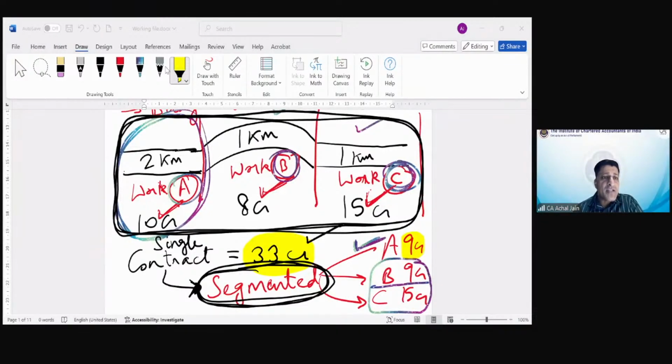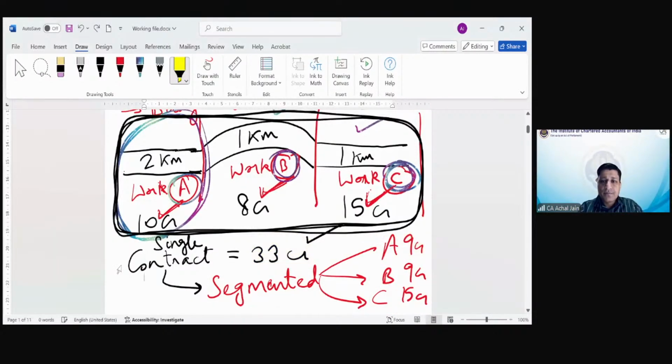Great. So Tanya is asking, sir, if A and B works are interdependent and C is independent. Very good. Let's suppose in this case we have a slightly different situation. Let me deal with that situation also.